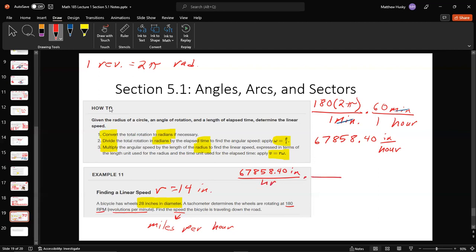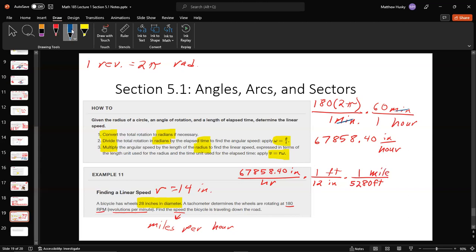I know that there are 12 inches in 1 foot. And again, notice inches is up here, which means I need inches down here. Now I have feet up here, which means I need feet down here. If you don't happen to know this, there are 5,280 feet in 1 mile.